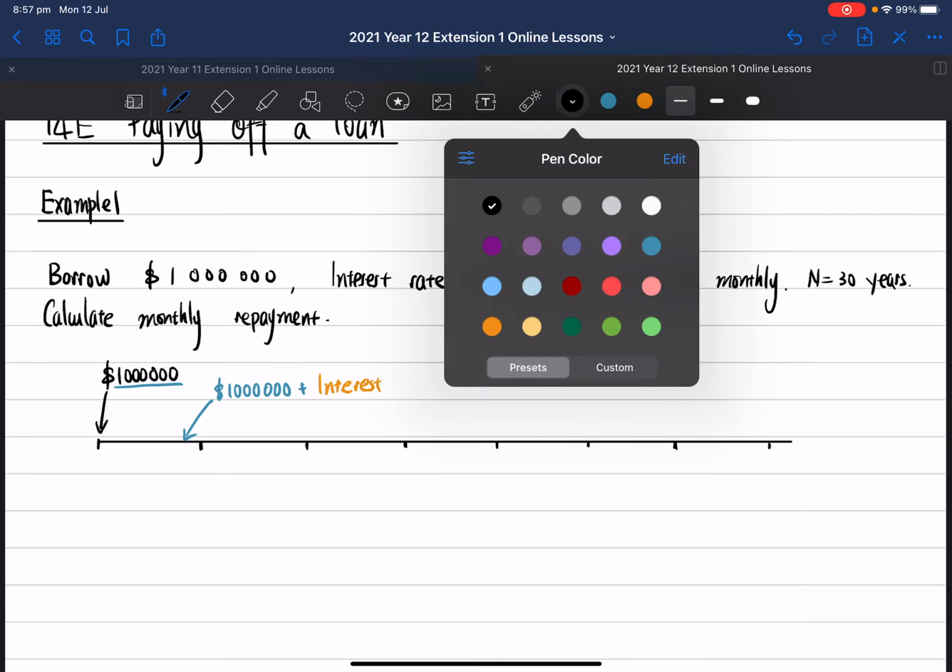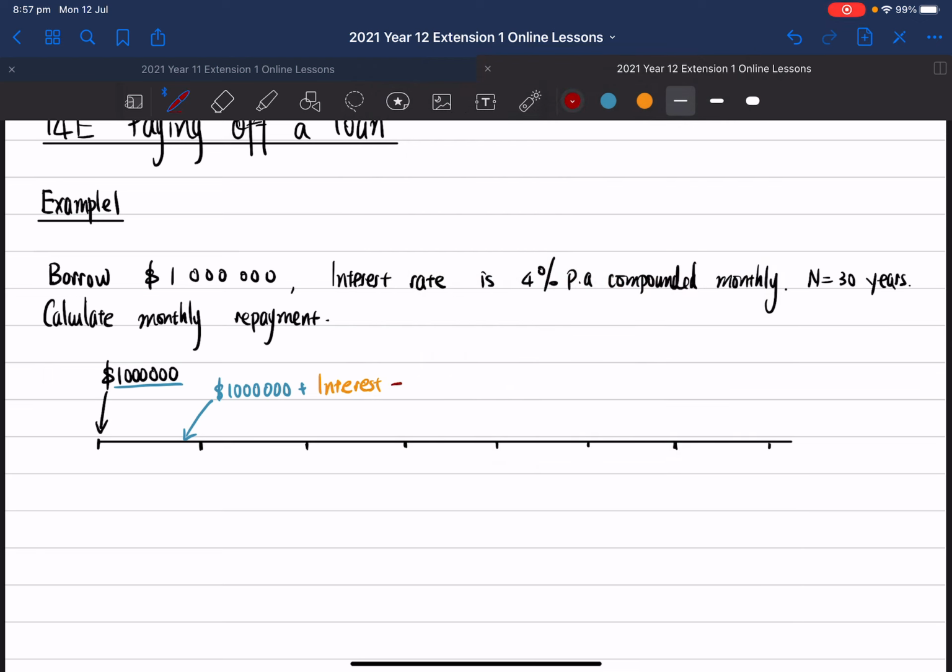Then you start to think about, okay, now I need to repay. So you need to minus the repayment, and it will be either monthly repayment, quarterly repayment, or fortnightly repayment. Again, it does depend on the question, so you have to be very careful when you're reading the question. So in that case here, we're going to call it A1. It will be the amount you still owe to the bank at the end of the first period.